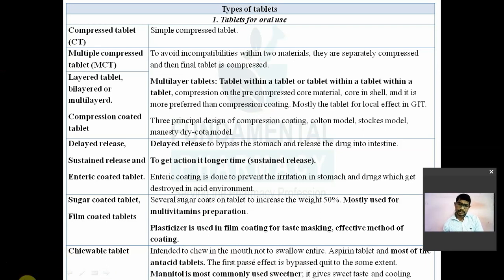Along with the sweet taste, mannitol gives you a cooling sensation in your mouth. So that's why, along with being a sweetening agent, it has a cooling sensation, and that's why it is the most commonly used sweetener in the chewable tablet. Remember, okay. A question can be made here. Here, remember about multilayer tablets.